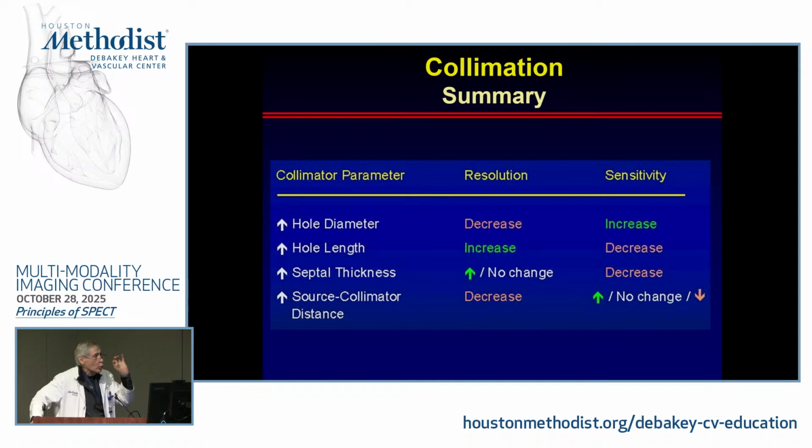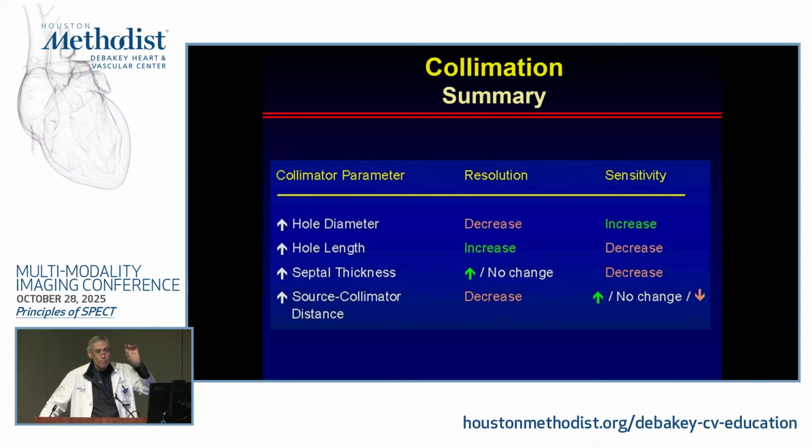Conversely, if you increase hole length, okay, so if the septi become longer, it will be tougher for those Compton scattered photons to get through. And so you will decrease sensitivity because fewer photons get through, but you'll markedly improve resolution. So when you think about the best kind of collimators, if you really want a high resolution collimator, it should have very small holes, and it should have very long septi.